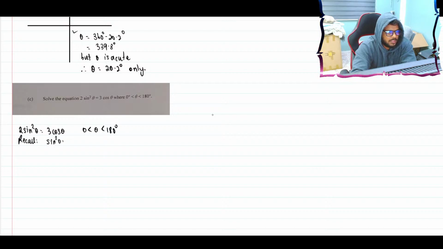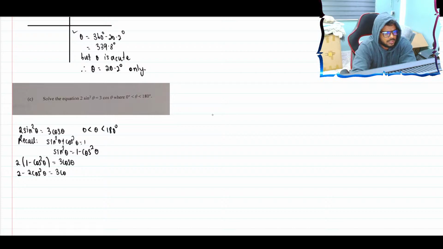Recall, sine squared theta plus cos squared theta is 1. So sine squared theta is 1 minus cos squared theta. 2 into 1 minus cos squared theta is 3 cosine theta. 2 minus 2 cos squared theta is 3 cosine theta.